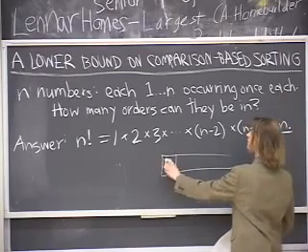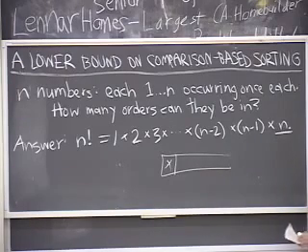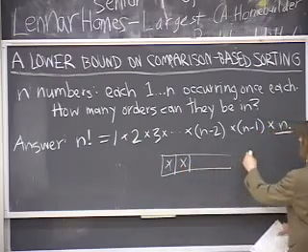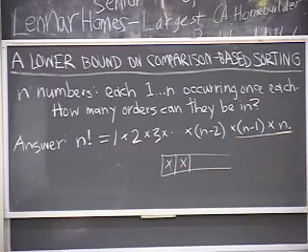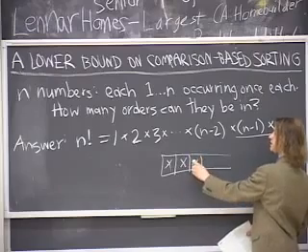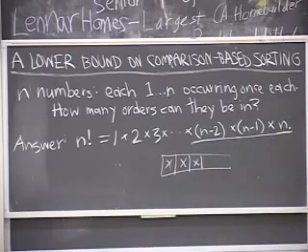Well, I've chosen the first number and it's stuck there. I've got n minus 1 numbers left to choose from to be the second item in my array. So I take one of those n minus 1 choices, and that means there are n times n minus 1 different ways I could choose the first 2 items in the array. There's n minus 2 items left, so that's n minus 2 choices I could make for the third item. So there's this many ways I could choose the first 3 items.